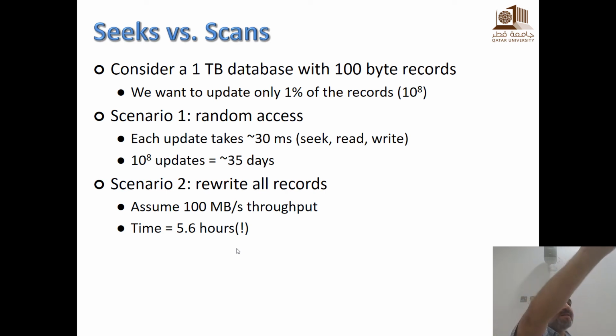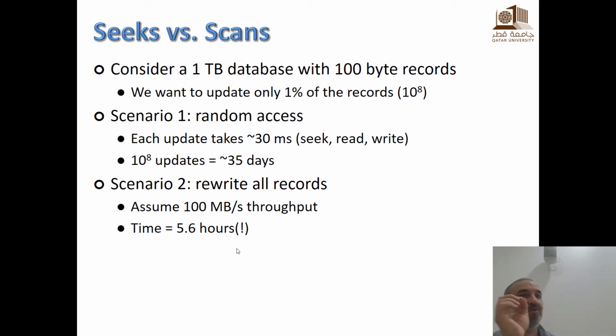We'll just seek once and read sequentially and write sequentially. We'll write even the records that didn't change back. But we will actually change only 1%. It will take just 5.6 hours.